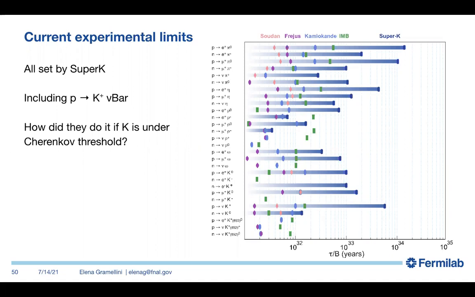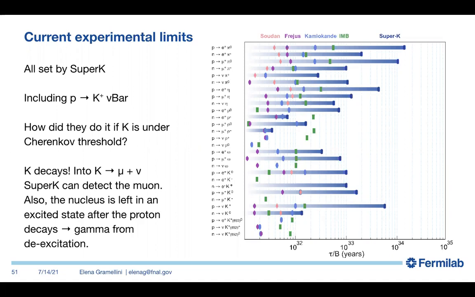The way a water Cherenkov detector sees a kaon under threshold is by detecting the muon and the nuclear de-excitation photons that come after the nucleus is left in an excited state.